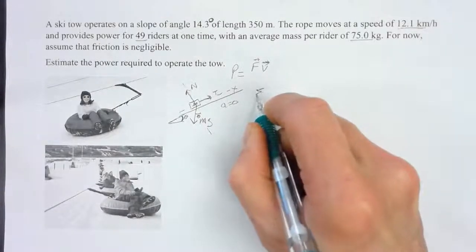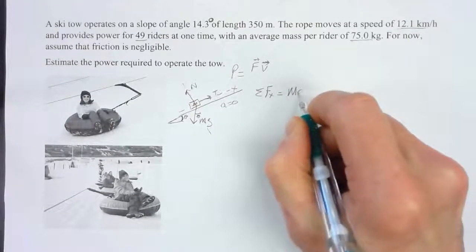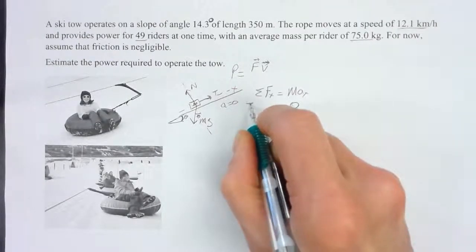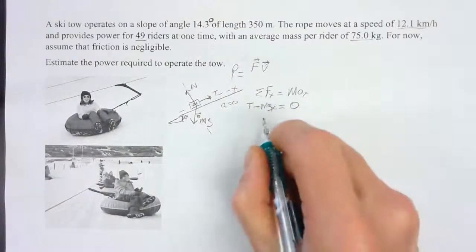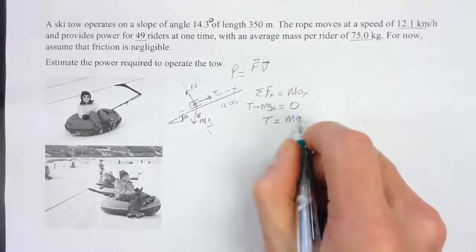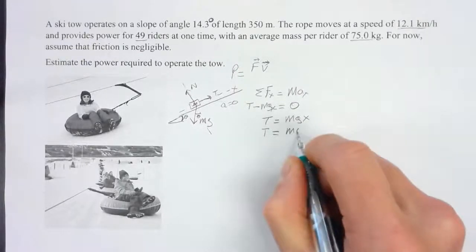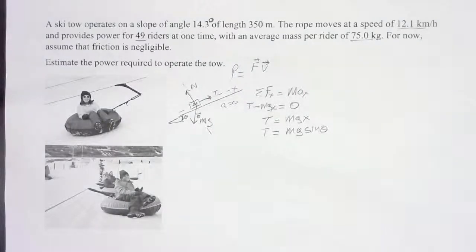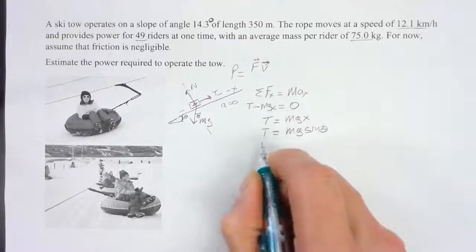So if we add up the forces in the x direction, they'll equal ma_x, which is 0, and we know it's tension minus mg_x. So the tension is going to equal mg_x, and that equals mg sine of the angle of the slope. And there we go. We have our force. So it works out to not be that difficult.